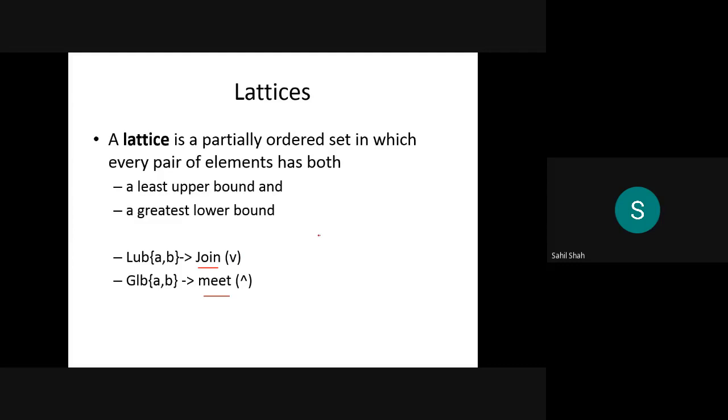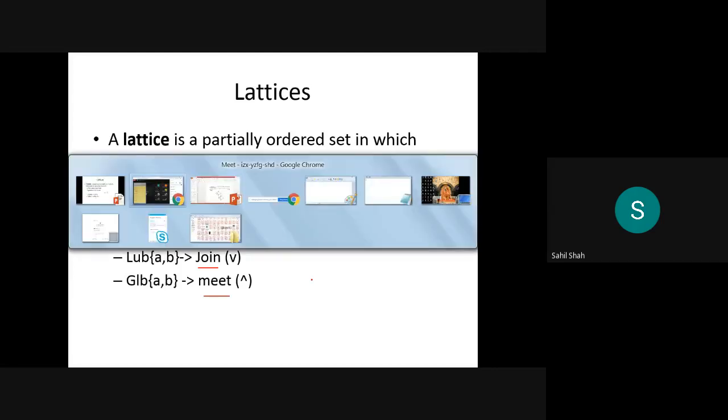If I put A or B, this is nothing other than A join B. What is the meaning of it? It is the least upper bound of A and B, whatever it may be. And for denoting the greatest lower bound, we use the meet symbol, the conjunction symbol.